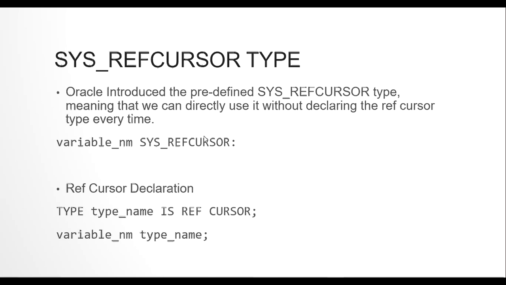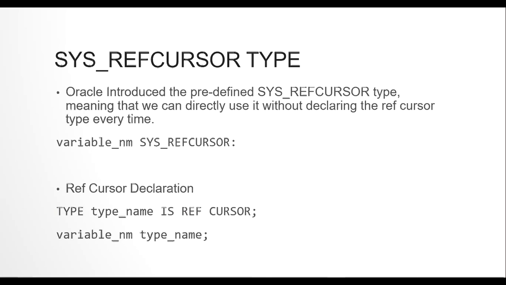So all you need to do now is write the variable name and sys reference cursor, and Oracle understands that it is a reference cursor type. No need to write two statements. It's just writing the variable and sys reference cursor, which is the same as declaring a type that is a reference cursor and then declaring a variable of that type.